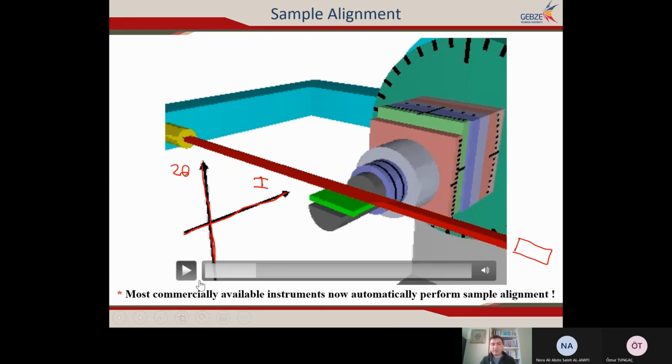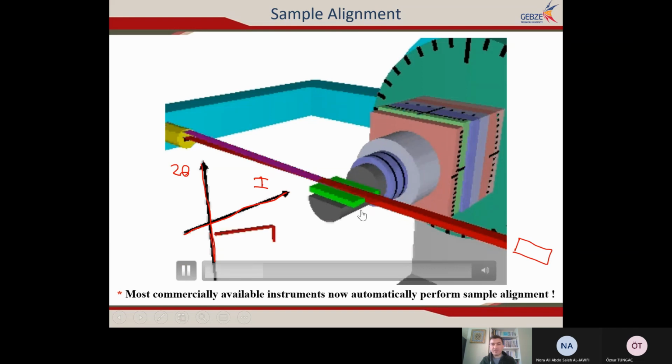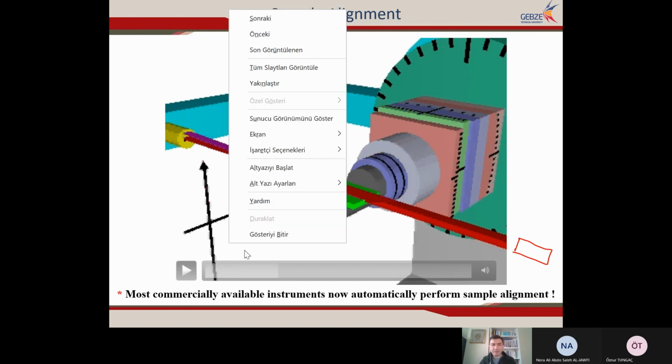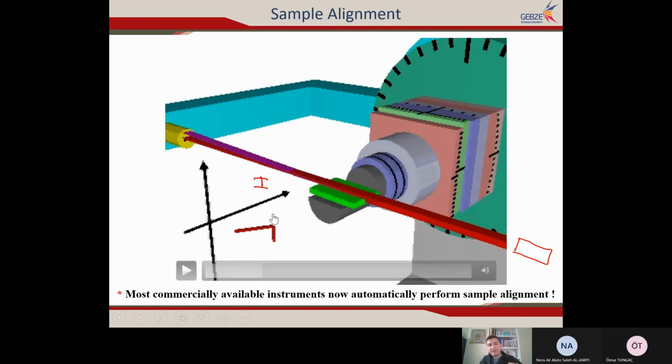So the sample moves in. Look at this one. This axis is again intensity, but this one is time. Here at this position, intensity is maximum, and whenever we move the sample into the beam, intensity goes down, you see?